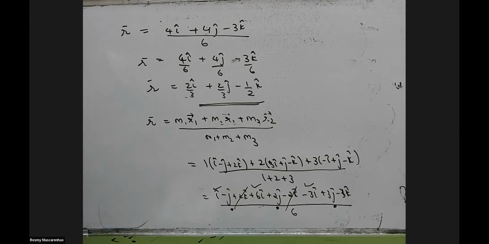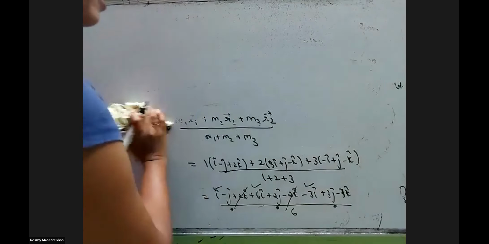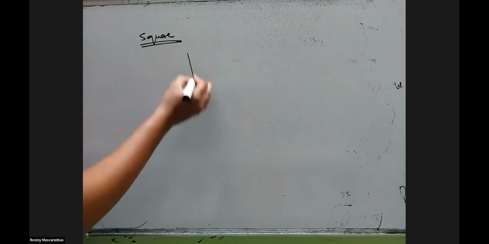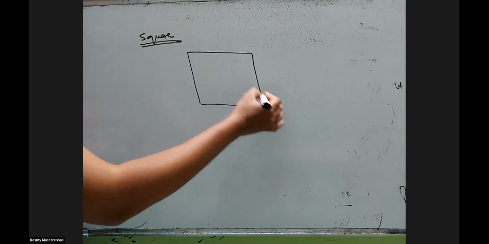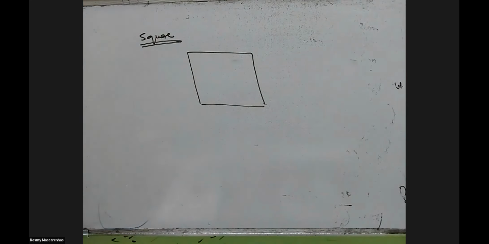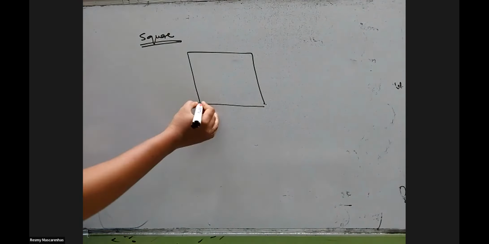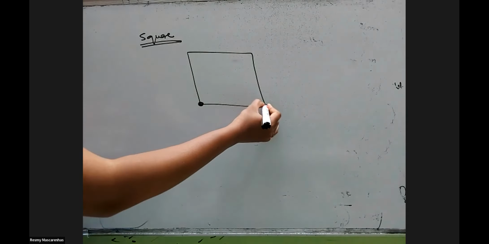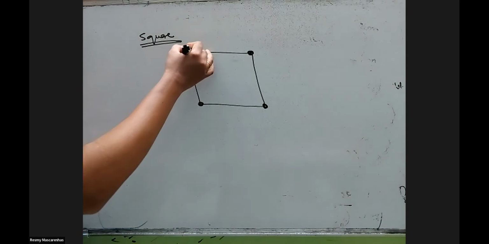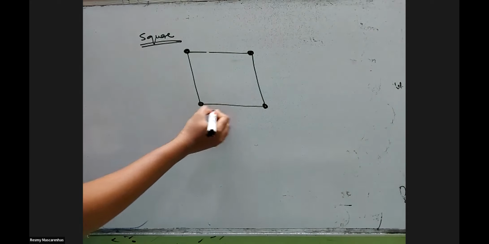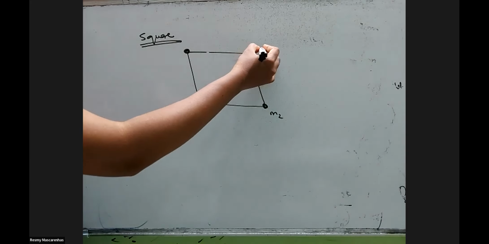Before solving the next one, the square one, in general I'll tell you what happens in a square. Now there are values given. Suppose if there were no values given, how to find the center of mass of any given square? There are 4 points in a square form. This will be anyways M1, M2, M3, M4.